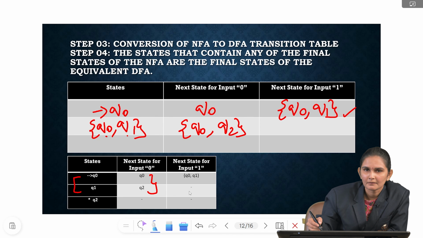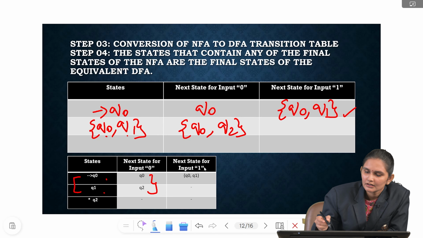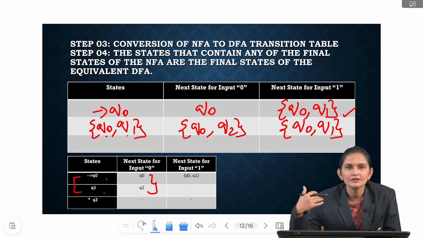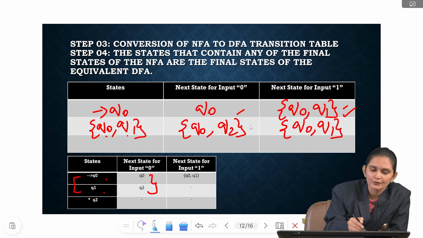It is forming Q0, Q1. Now we need to see whether any new states are formed or not. Q0 we did already. Q0, Q1 is done. So the next newly formed state is Q0, Q2.